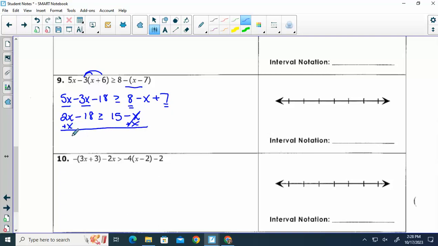So 2x plus x be 3x. And we can add the 18. And get 3x is greater than or equal to 33. Divide by 3, x is greater than or equal to 11.